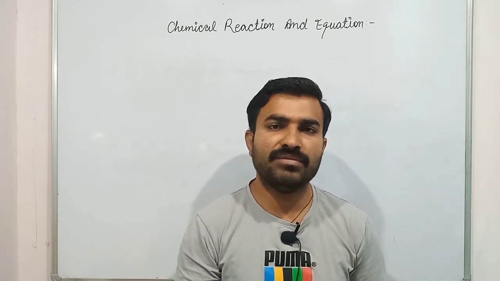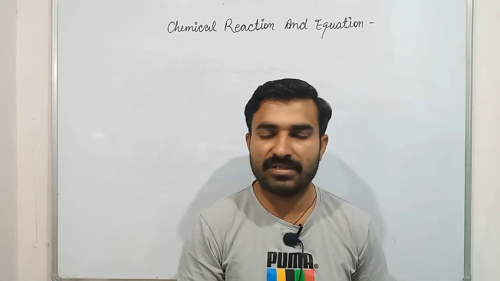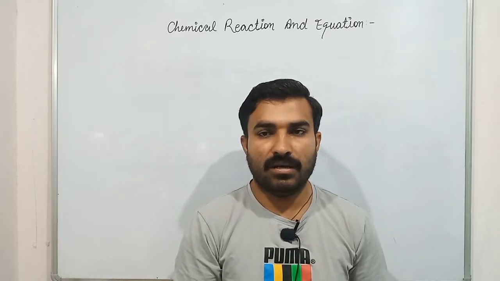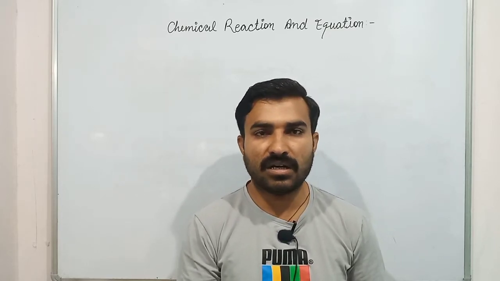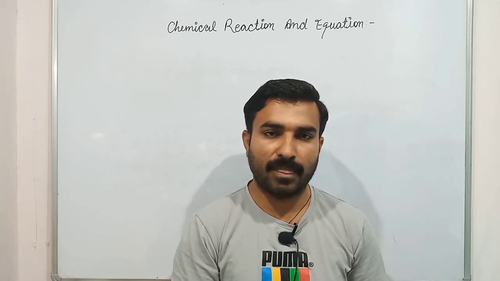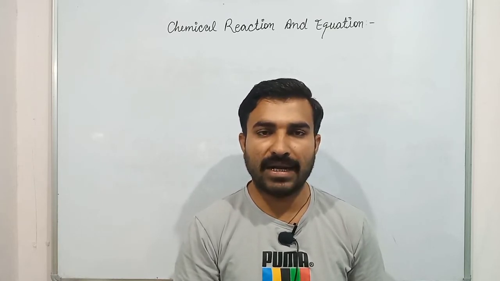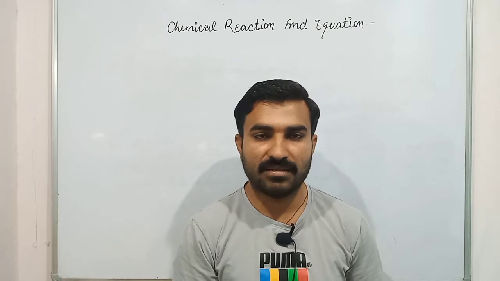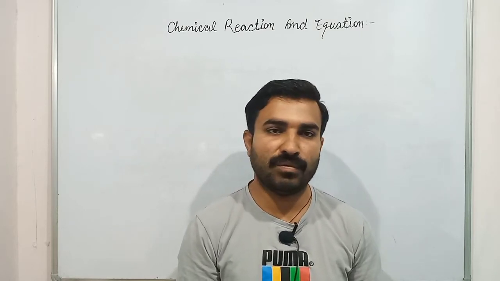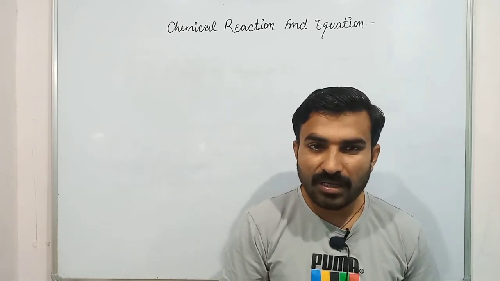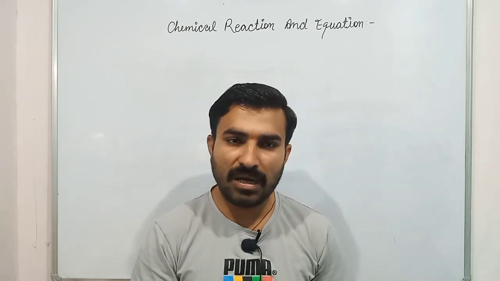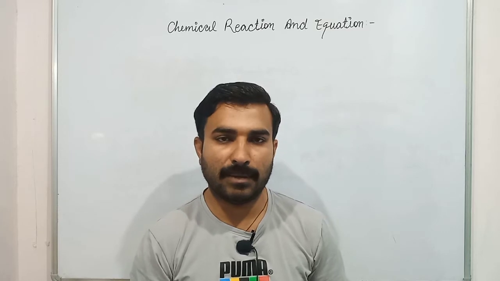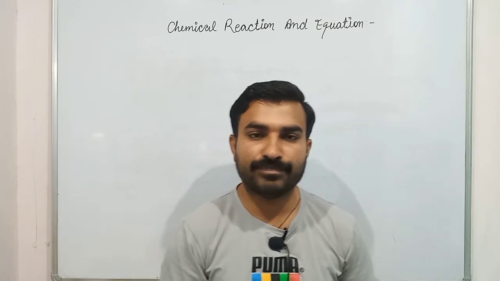You have learned about physical and chemical change in your previous classes. We are familiar with the changes which occur around us in our daily life, for example, burning of candle, melting of wax, ripening of fruit, digestion of food, fermentation of grapes, etc. Some of these are physical and some are chemical changes.